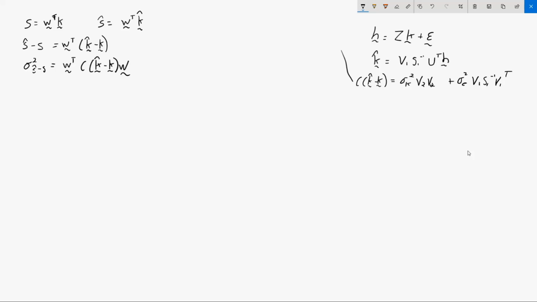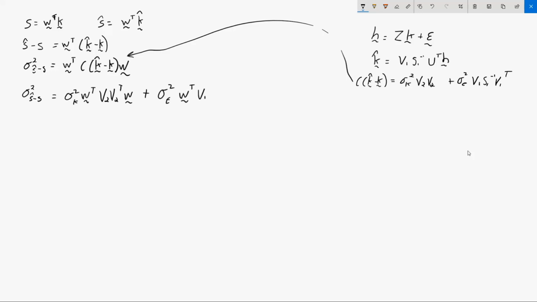Well, I know that because I derived it a moment ago, so I can write the full equation for the error variance of a prediction that I make with my calibrated model: w^T V2 V2^T w plus sigma squared epsilon w^T V1 S1 negative 2 V1^T w. And I'm sorry, this should have been a negative 2 here.